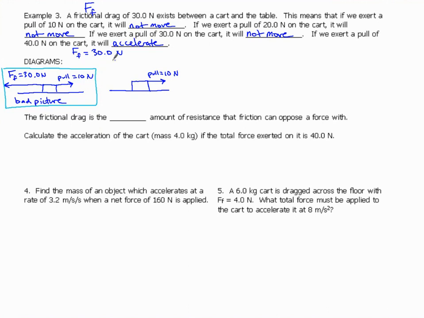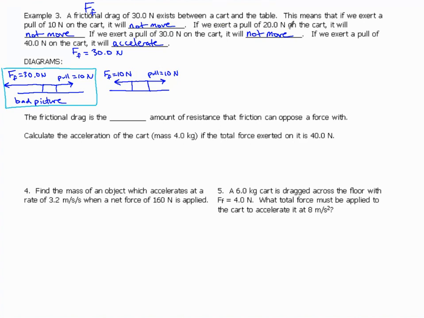This is the maximum amount of force that friction can provide here. So the friction is up to 30 newtons. So when I pull with 10 newtons, friction is preventing it from moving with 10 newtons. It can have up to 30, but it's only using 10.